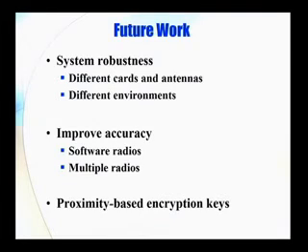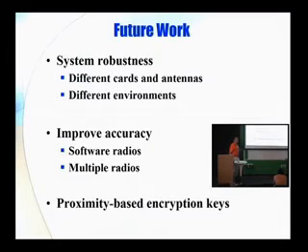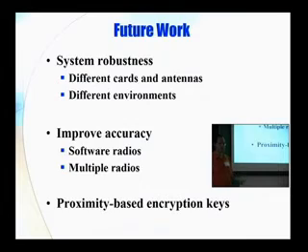First of all, we obviously have to deal with system robustness. One key aspect is dealing with different cards and different antennas. So far, we've only run some very preliminary experiments where we looked at different antennas, and what we've seen is that you can typically develop some kind of normalization function.